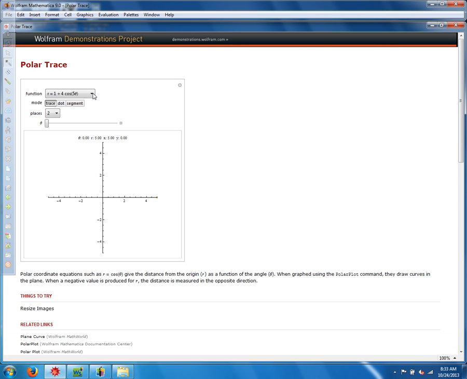All right, here's our first one. So our function is r equals 1 plus cosine 5 theta. So we're going to trace that out. This line represents our radius. Can we see this? This is our radius, and the point is our point in polar coordinates.